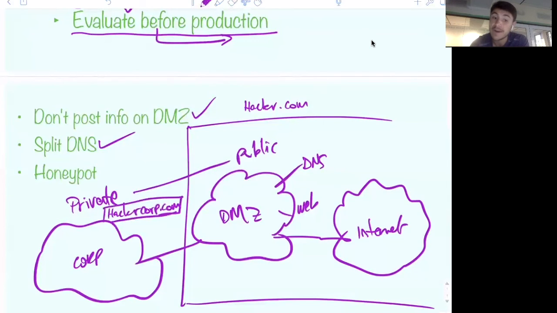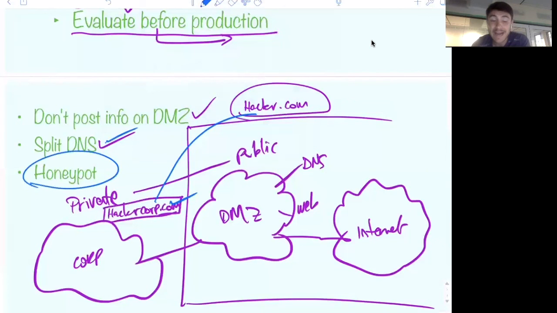So we don't want anyone accessing that DNS. We only want them to access hacker.com. We can split the DNS to say anything that comes in as hacker.corp is reverted to hacker.com. And we don't want any public access to hacker.corp. We just want our corporate network to be able to access that. So split the DNS, which is a great prevention mechanism, as well as honeypots.